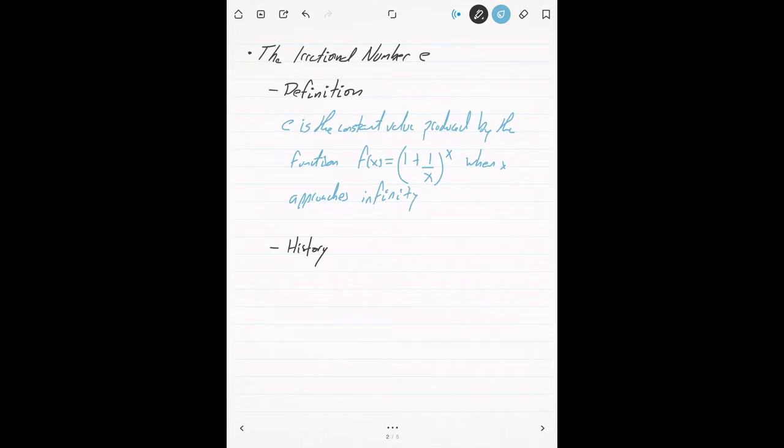By this, I mean, as you plug bigger and bigger numbers in for x, you will get out a number that gets closer and closer to e.